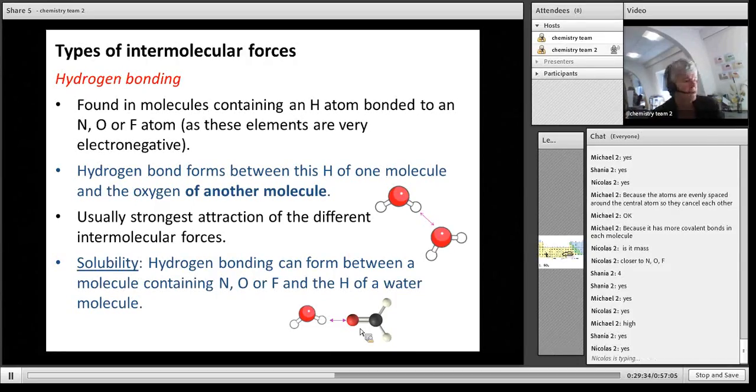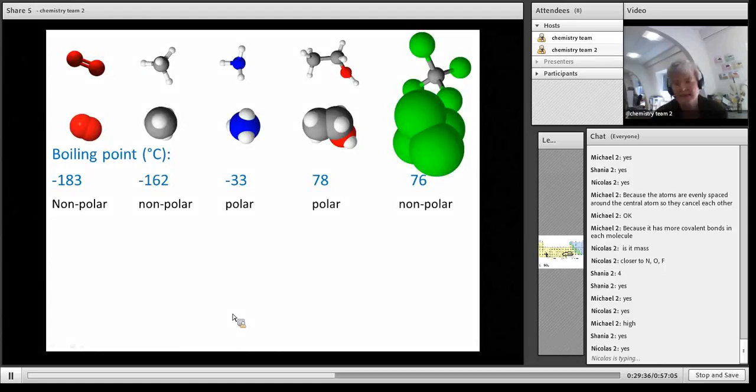Okay, so if I went back to these again, would carbon tetrachloride be soluble in water? Well, let's first ask, what sort of intermolecular forces of attraction is there in carbon tetrachloride?